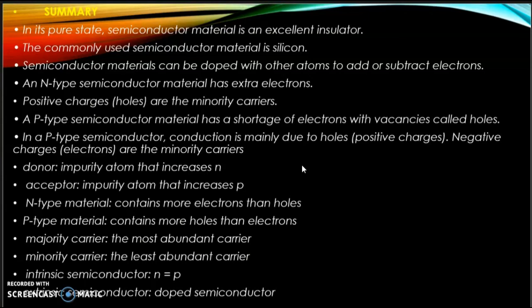We also said that an intrinsic semiconductor has no crystalline defect and no impurity. So that means the number of electrons is equal to the number of holes. But for extrinsic, we dope it with either a pentavalent or a trivalent element to improve its conductivity.